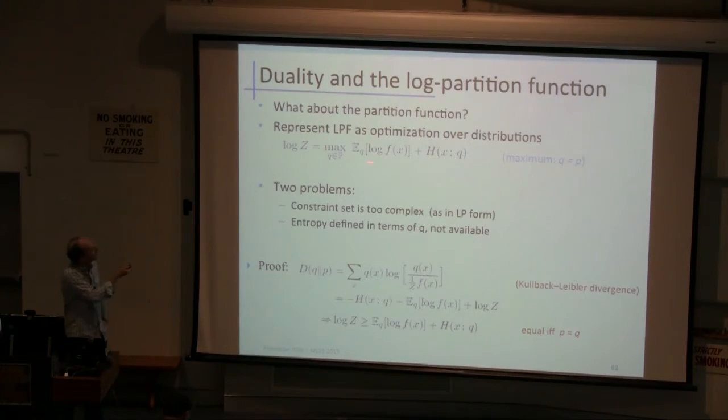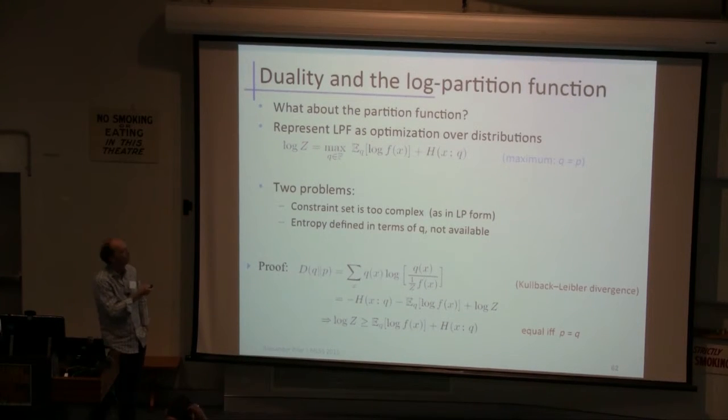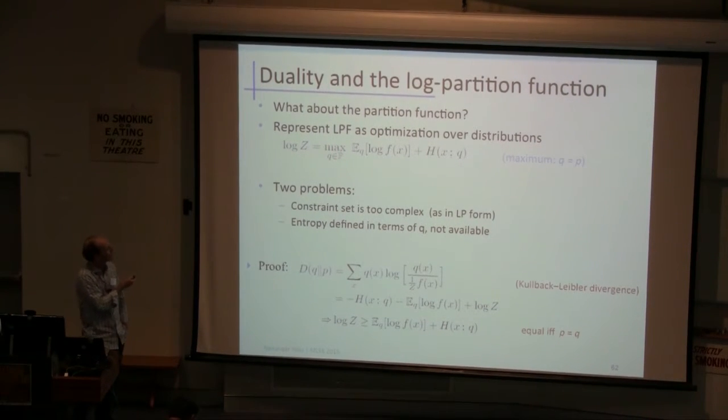F. So using this variational form, now this actually doesn't help us that much immediately because we have two fundamental problems. The first is that maximizing over this distribution Q is very hard, right? Just like before, specifying the set of all distributions is quite complex.